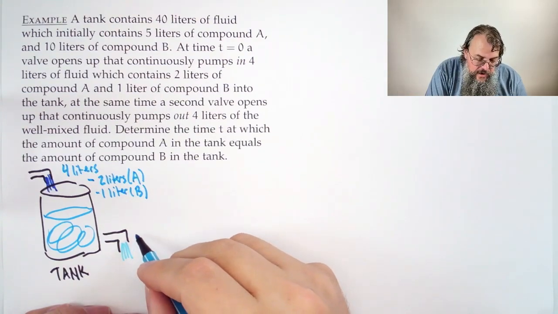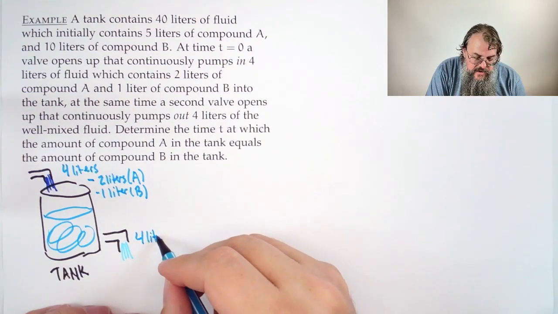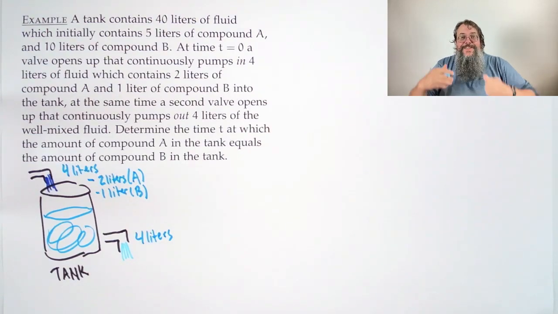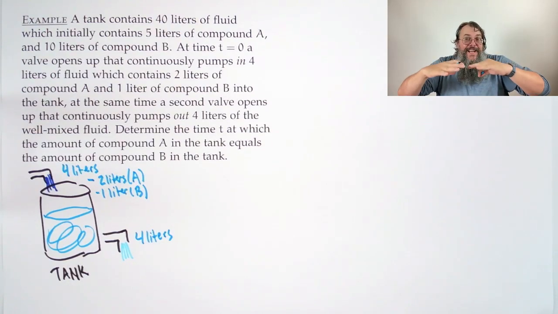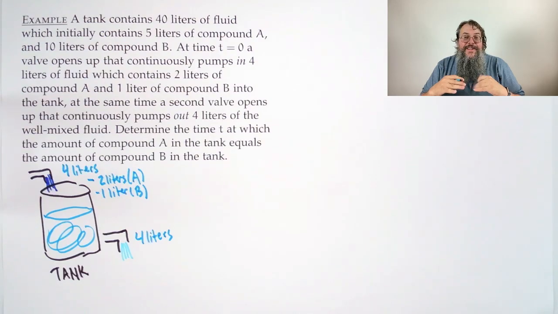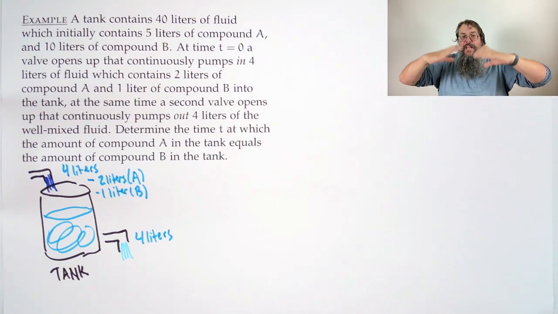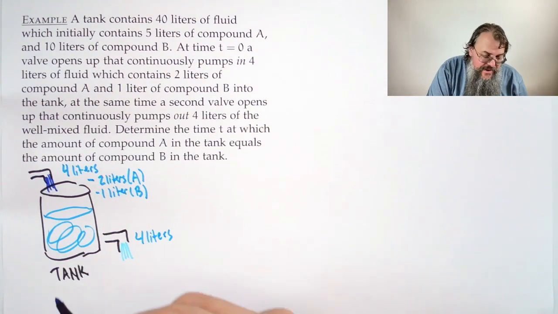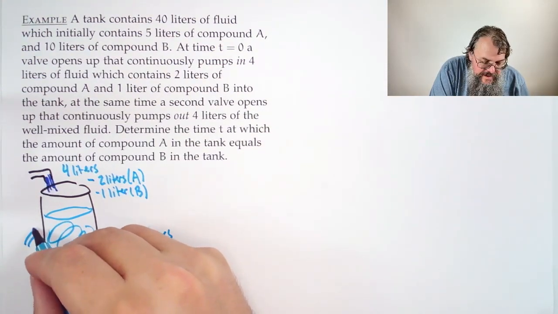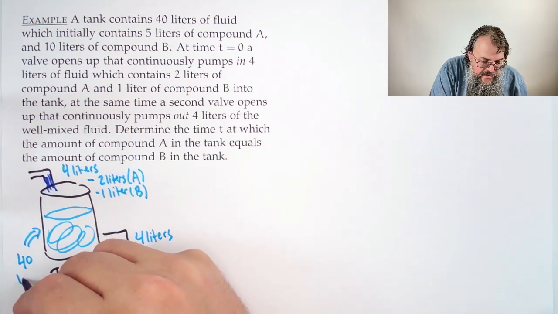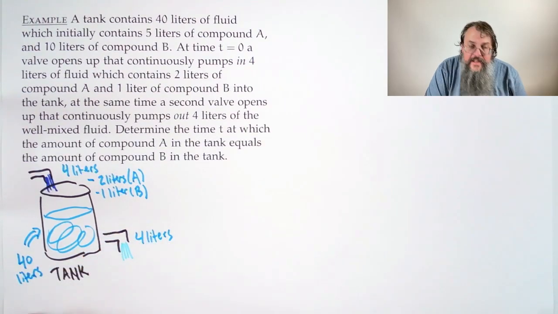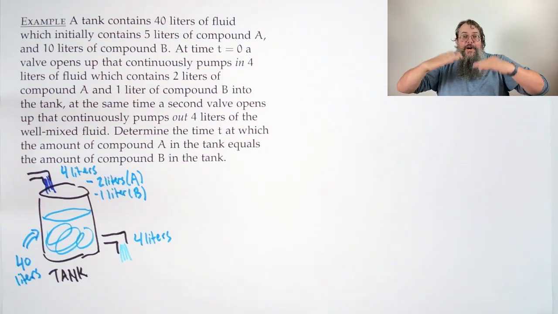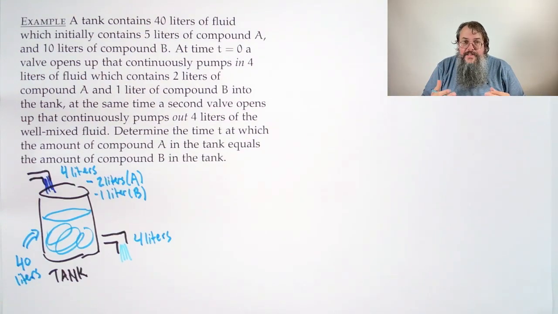On our out, we have 4 liters. In other words, what comes in matches what goes out. So the tank level doesn't go up, it doesn't go down. So we say, aha, there's always 40 liters total in the tank. It never changes. But what can go up and down is how much there is of A and B.